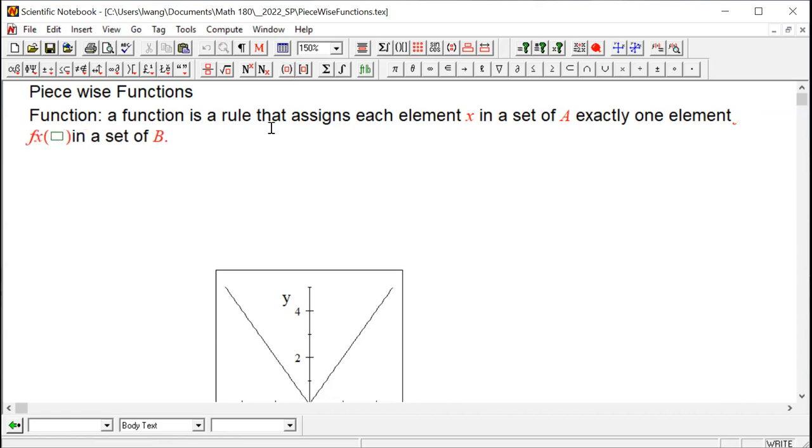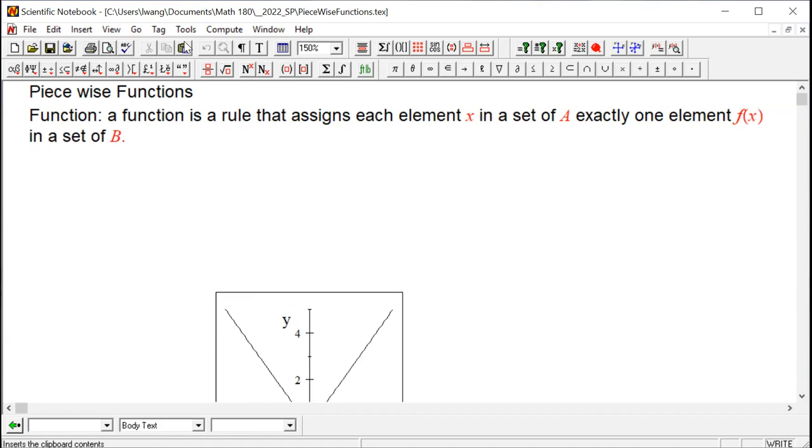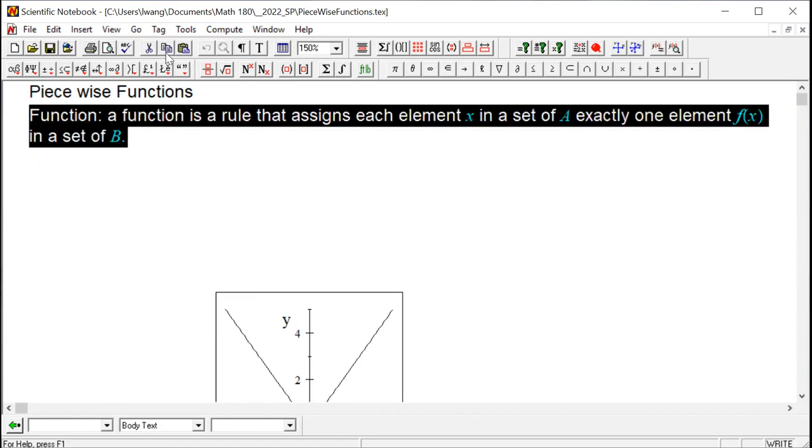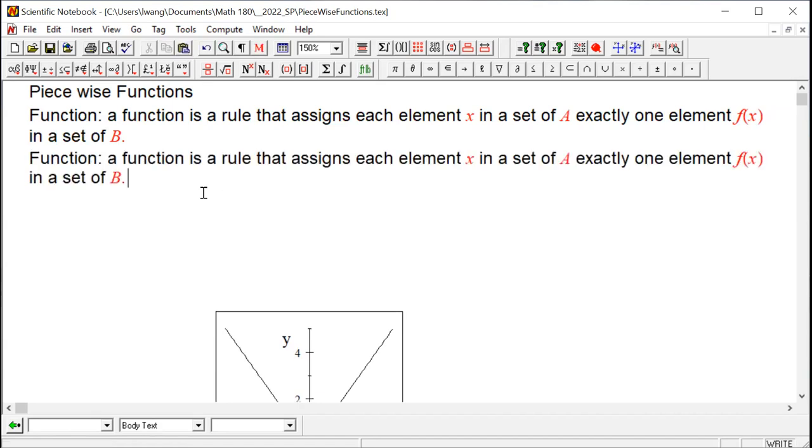So we're pretty familiar with this definition, but when we talk about piecewise functions, they are still functions. And of course, we know there's another version of it: a function is a rule that assigns each element in the domain, in the set A, exactly one element in the range.